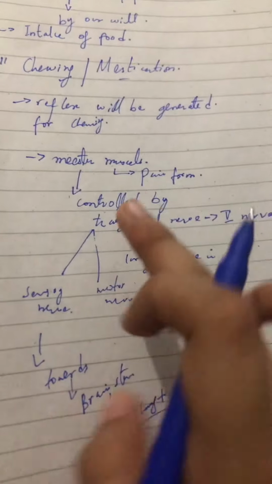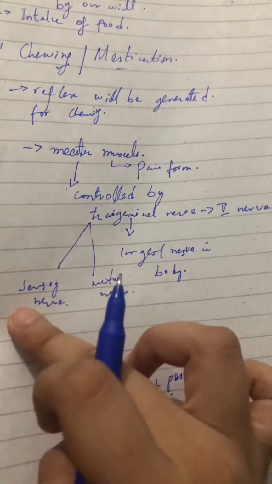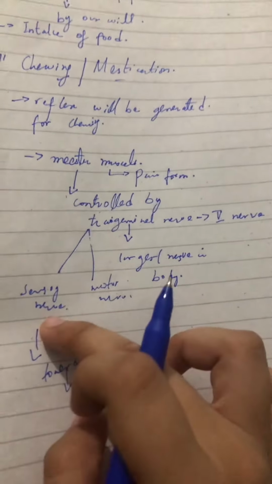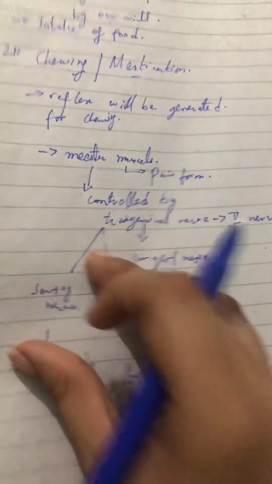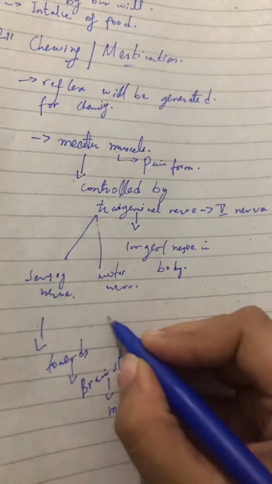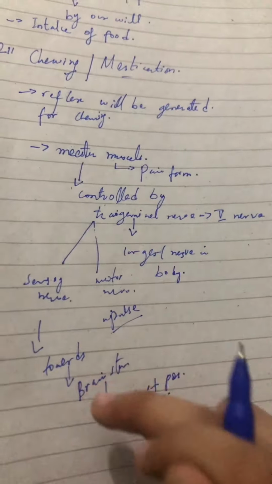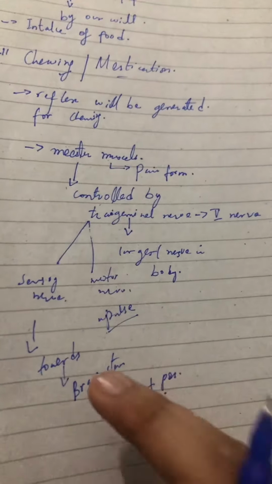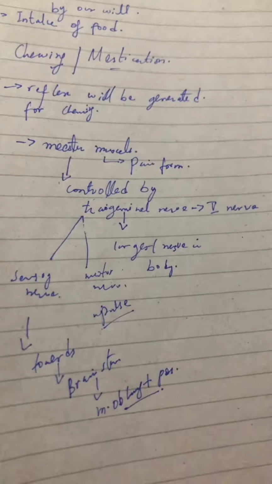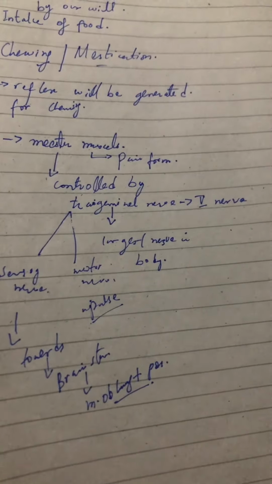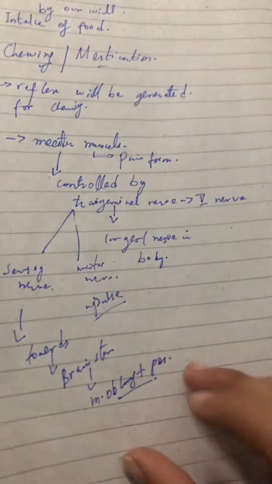So the masseter muscles are controlled by the trigeminal nerve, which has two characters: sensory nerve and motor nerve. A sensory nerve carries a message in the form of an impulse towards the brain stem.